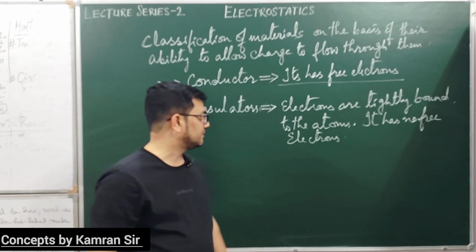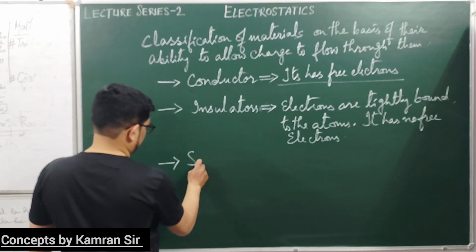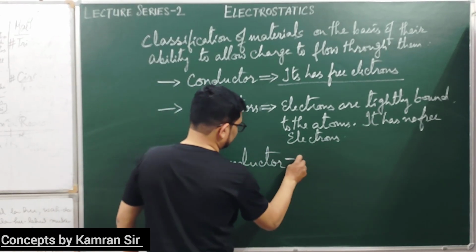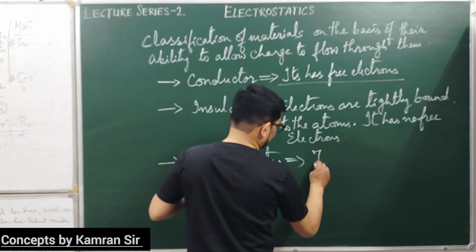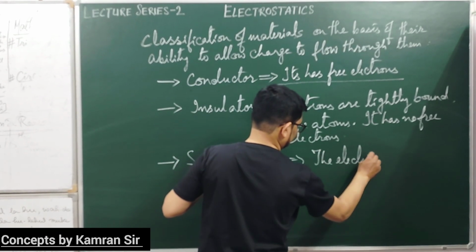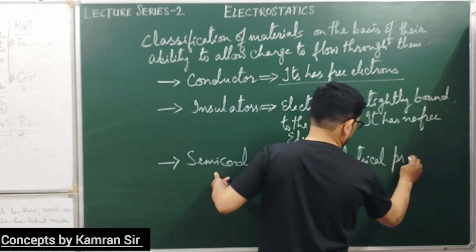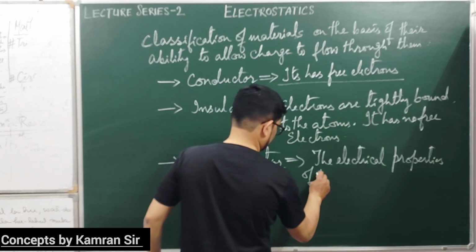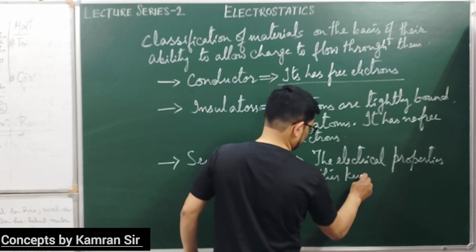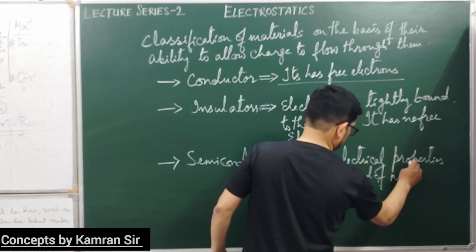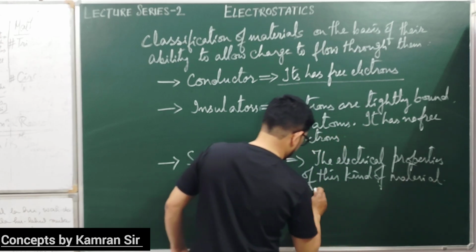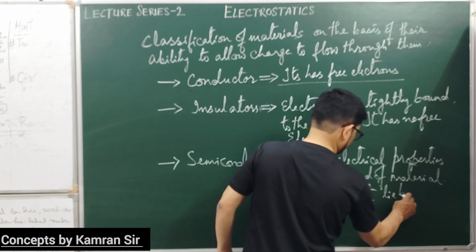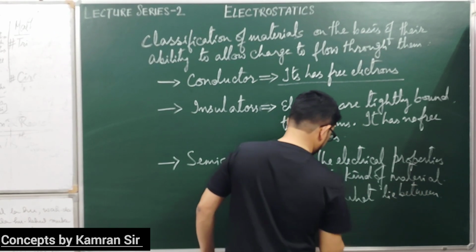Another kind of material is semiconductors. Now, the electrical properties of this special type of material somewhat lie between insulators and conductors.